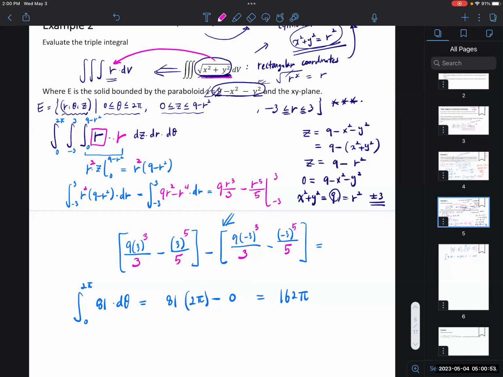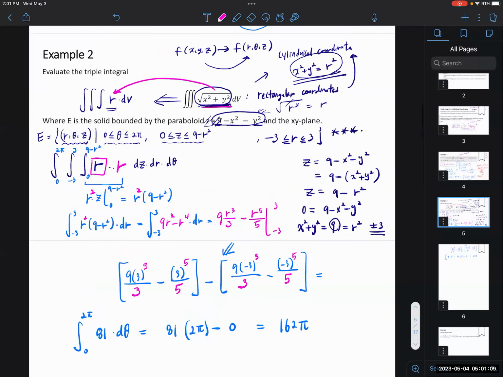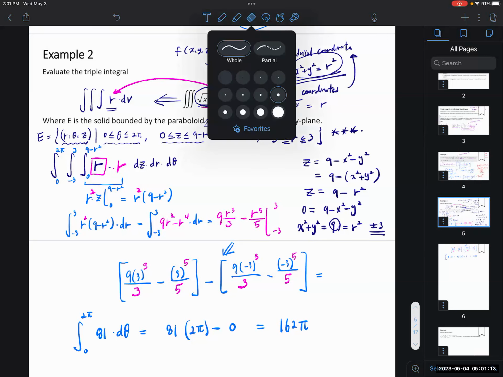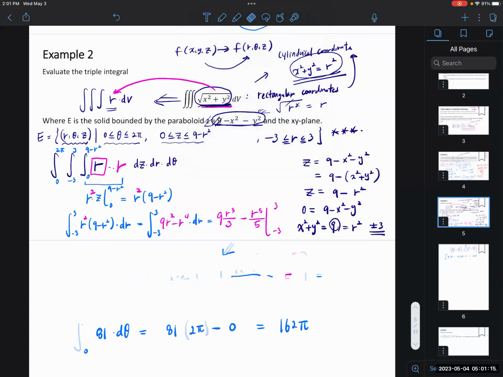So let me double check. What are you going to get? So 3r to the third, r to the fifth. But okay, I think a little bit of mess up, guys. So let me just get rid of this part, because I'm going to calculate again.